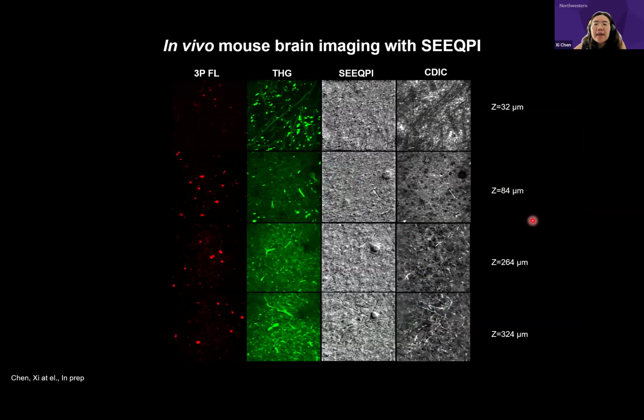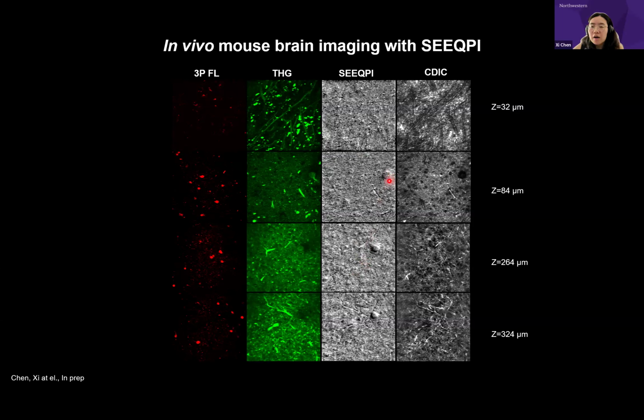We can have a closer look at the images from the three channels. The fluorescence will give you the nucleus of certain inhibitory neurons inside the brain, and THG will mainly show you the small blood vessels and axons, and it is not very good for the cell body. In the THG, it mainly shows as a dark circle. Those are the individual cells. And in the CQPI, we can look at all different structures.